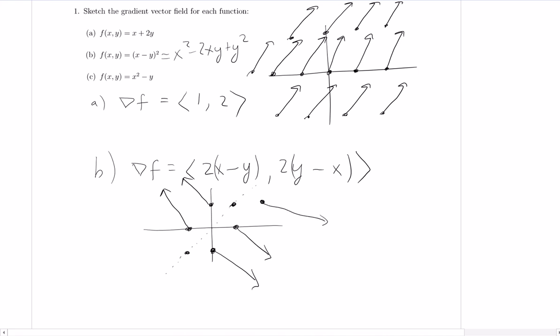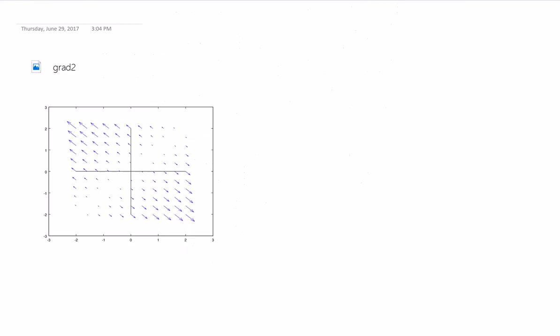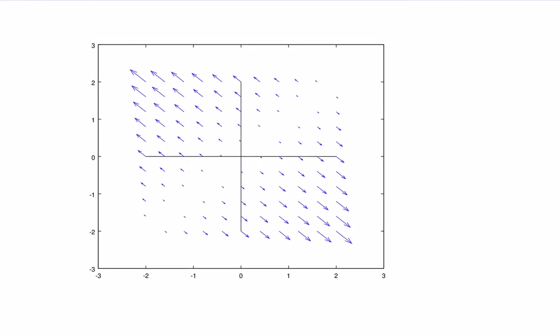So something like that. And we could keep going and keep going. You get the idea. And eventually we would see a picture like this. And just as we noticed, you don't see any arrows here on the diagonal, because when y equals x, we get 0, 0. And you see the rest of the pattern here, as we saw.